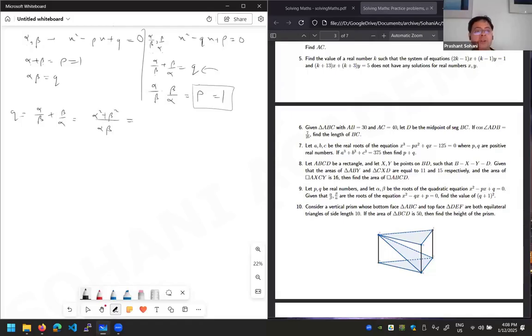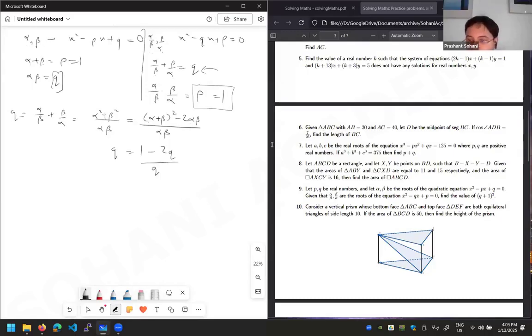So what I can do, I can complete the square on the numerator like this. And so therefore now instead of alpha plus beta, I can write 1. Correct? And so you see here, the alpha beta term can also be replaced by Q. So now everything is in terms of Q. And so I can now solve and get the value of Q.